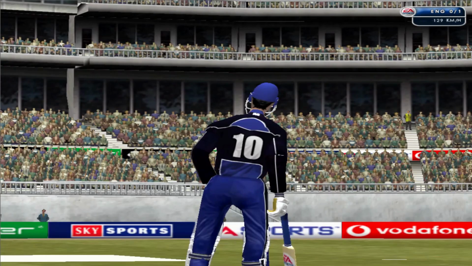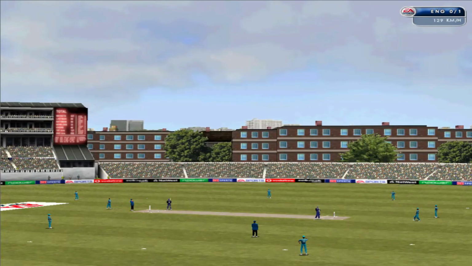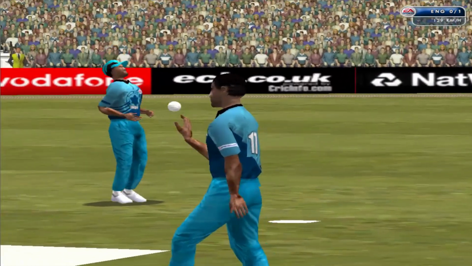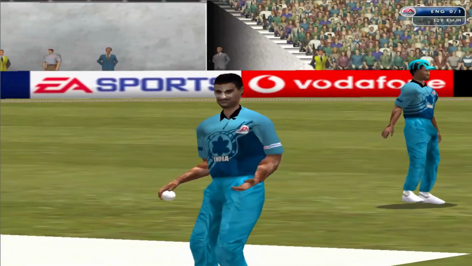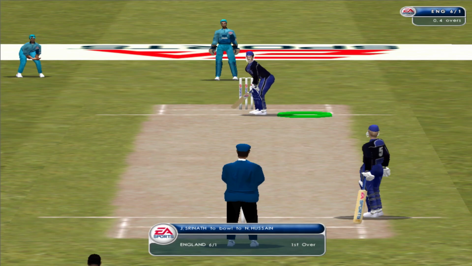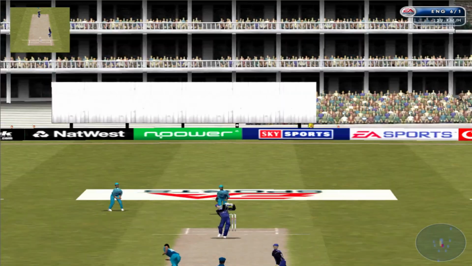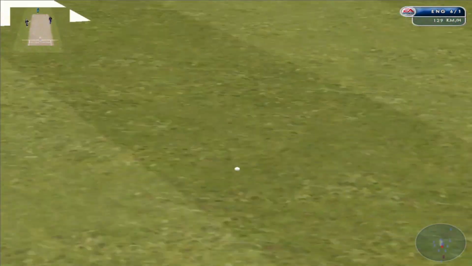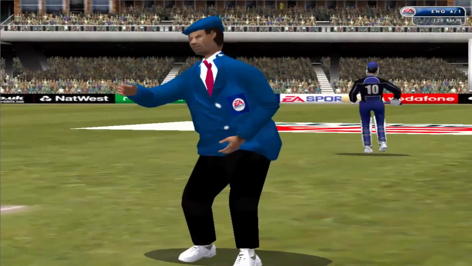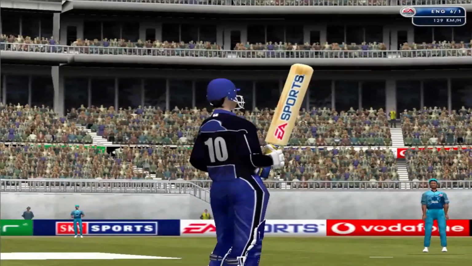Great to watch for the neutral, but the bowler won't be too happy. Over the top and away for 4. That takes him into double figures. Srinath is proving to be a little expensive.